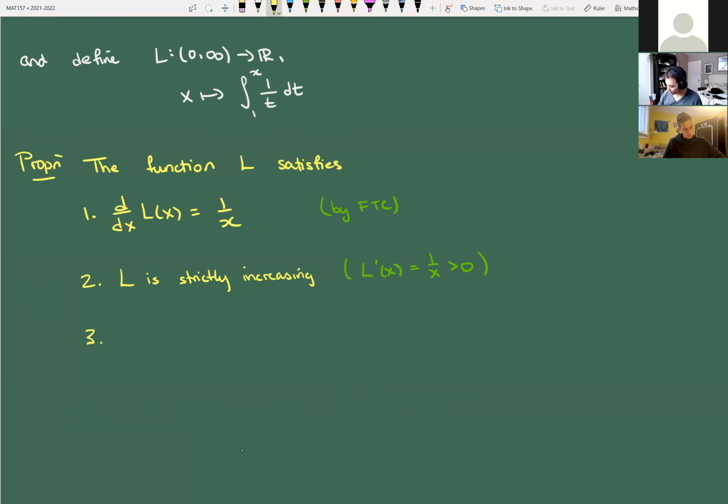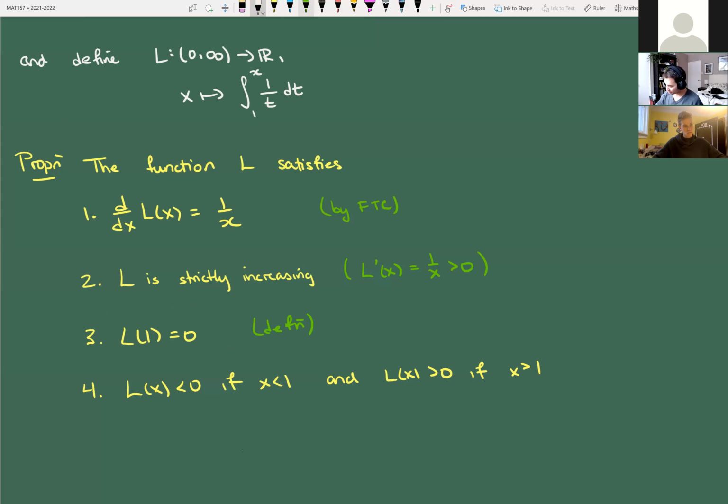Okay, 3: L of 1 is equal to 0. All right, that's just basically by definition, right? Because if you plug 1 in, you're going to integrate from 1 to 1, so nothing really happens. 4: L of x is less than 0 if x is less than 1, and L of x is greater than 0 if x is greater than 1, right?